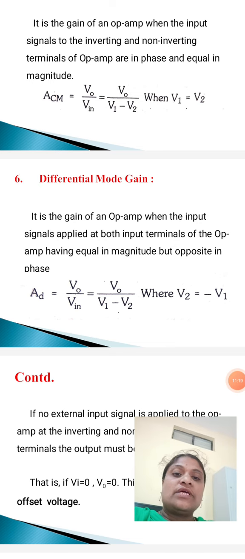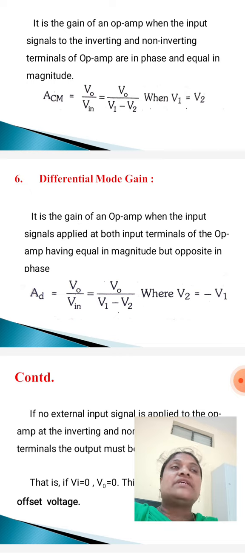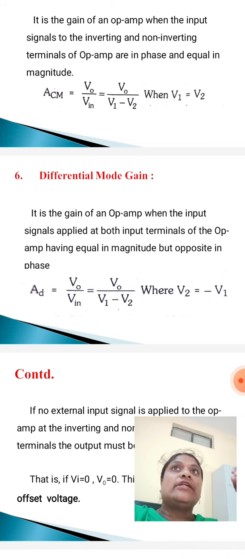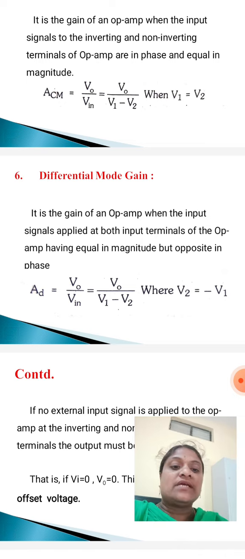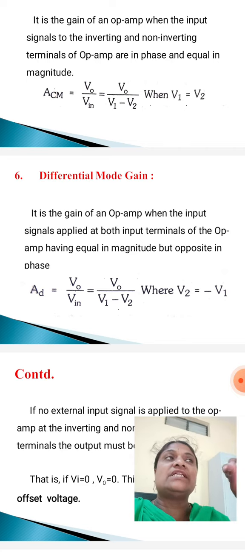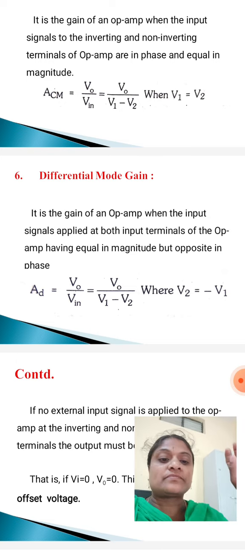We know the formula for gain: it is defined as the ratio of output voltage to input voltage. Here the output voltage is the same, V0, but the input voltage is different, because we apply two inputs, inverting and non-inverting, to the differential amplifier. So the difference between these two input signals is Vin equal to V1 minus V2.